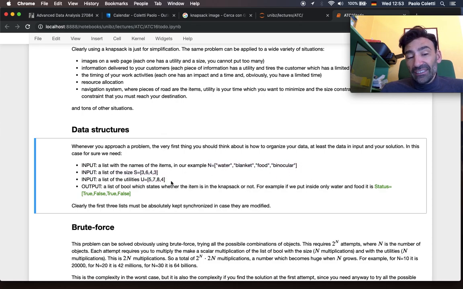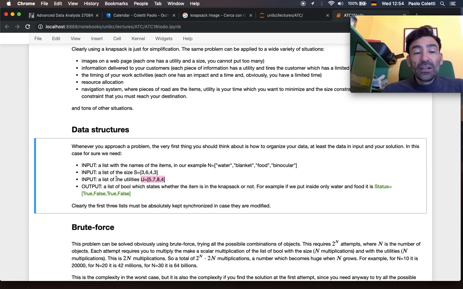Otherwise, you will get the list of utilities which does not correspond anymore with the list of sizes and the names of the objects. So beware that these three lists go together. We could put them into the same list, but then it will become a list of lists and your brain will start to burn. You will have bigger problems later on, but for the moment, let's keep the thing simple. So three lists, beware that they must be kept synchronized.